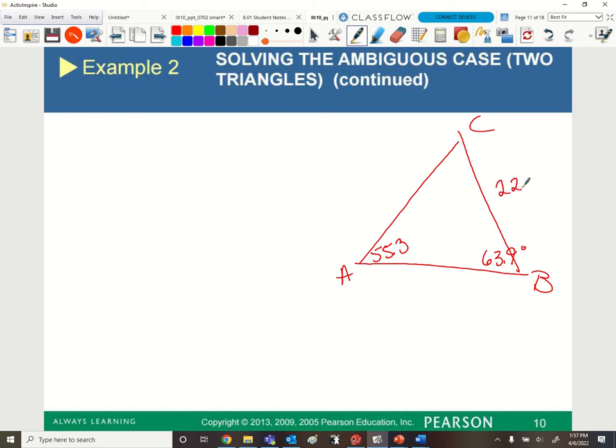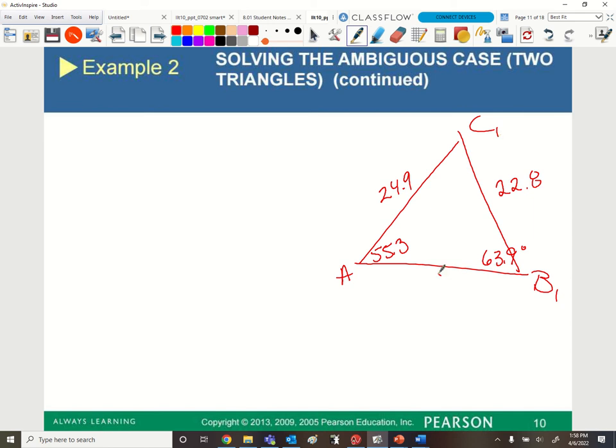And this is the first triangle here, right? So this is my B1 and my C1.